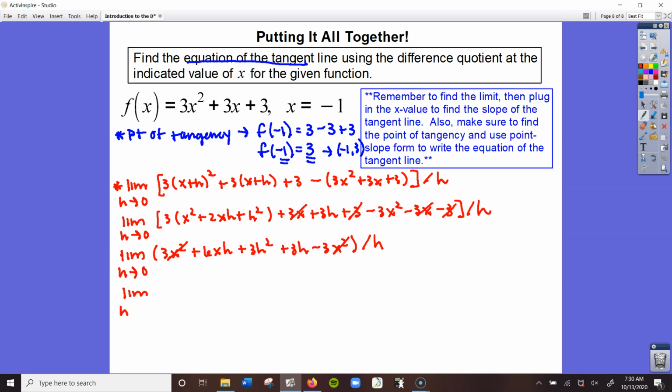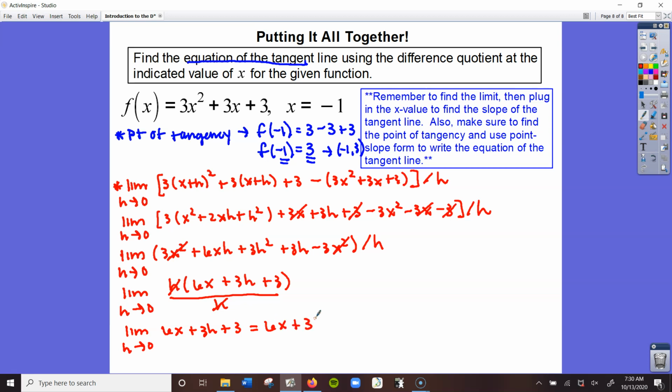So I can factor out that h. So h times 6x plus 3h plus 3. And everything is over h. The h's cancel. And my final limit as h is approaching 0 is 6x plus 3h plus 3. And if I plug in h equal to 0, I end up with the equation 6x plus 3.